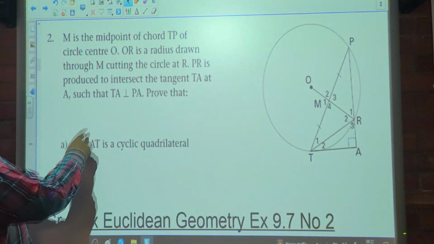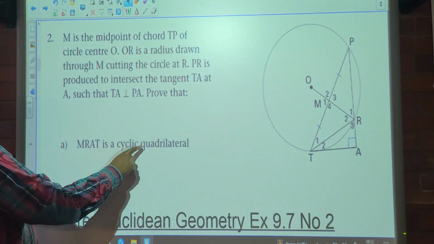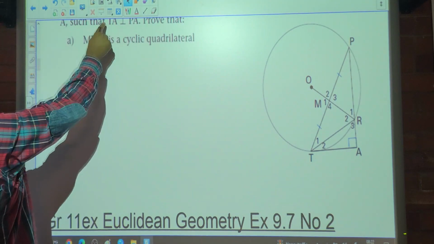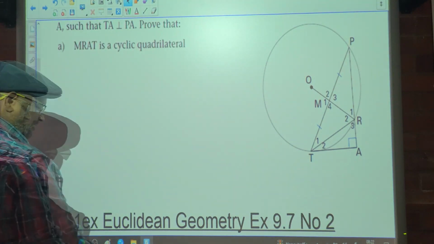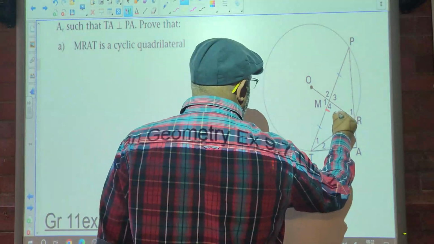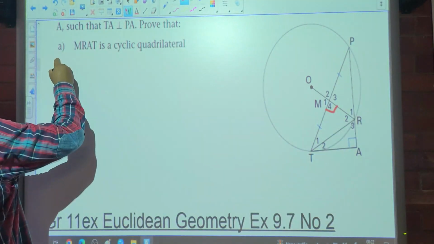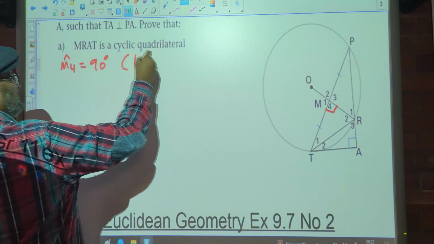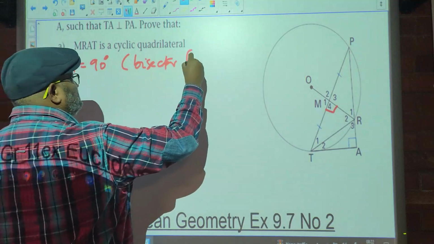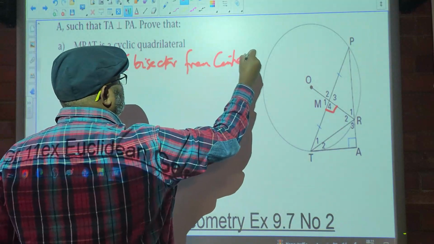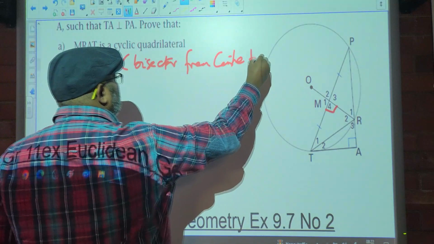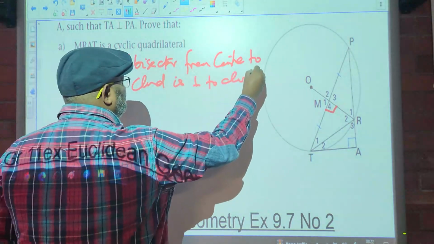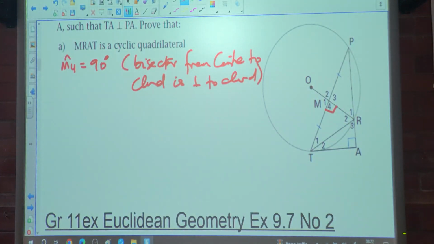Right, first question. Prove that MRAT is a cyclic chord. We just went through that now, not so. Question says prove that. So we're going to firstly say that M4 is equal to 90 degrees. Why? Bisector from center to chord is perpendicular to it.